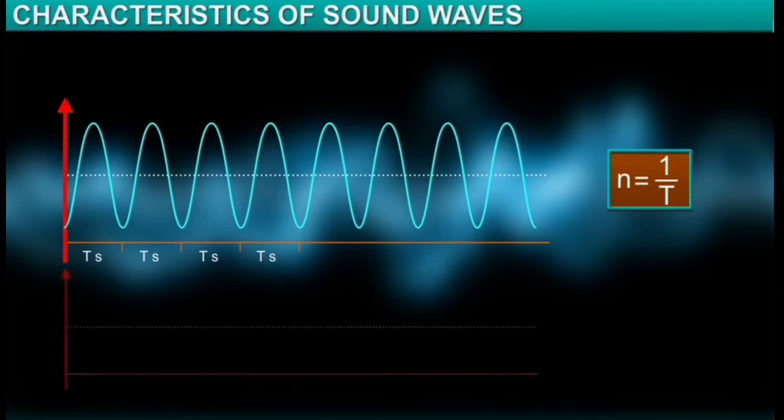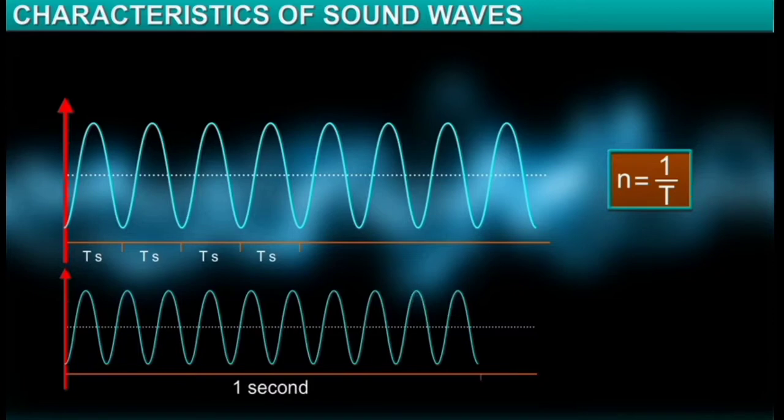Thus, if the time period of a wave is 1/10 of a second, then we get 10 waves in 1 second. The frequency of this wave is 10 Hz.